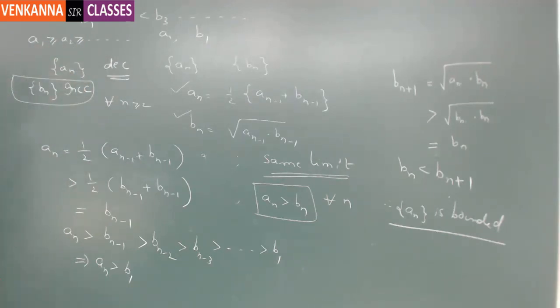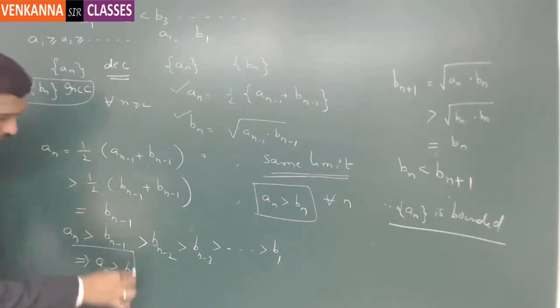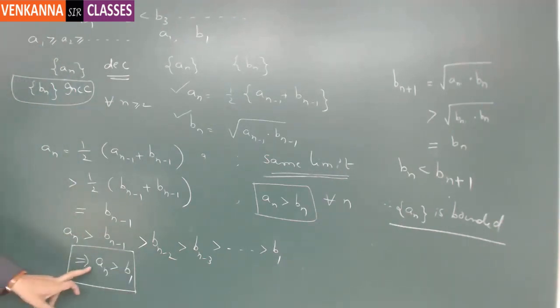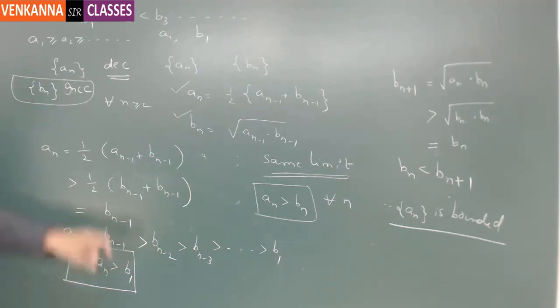And what you have observed here, an is greater than b1 for all n. It means that whatever term you take in the sequence an, it is always bigger than b1. So what could be the lower bound? b1. That's why the sequence an is bounded. Right? Are you getting it?